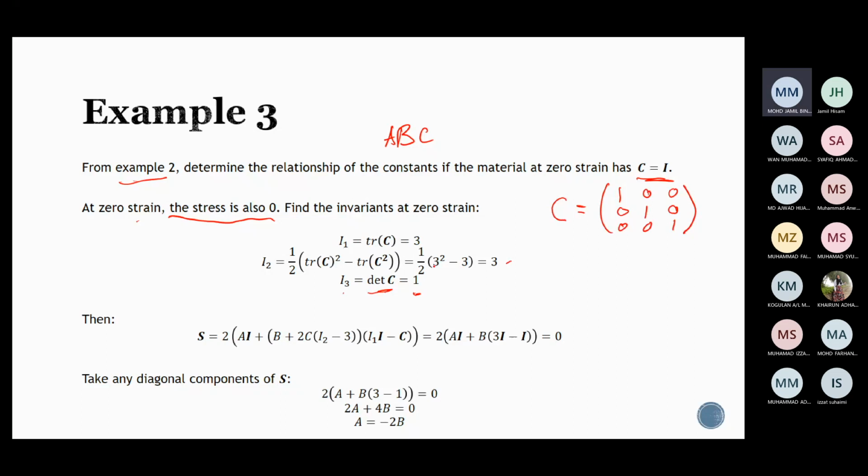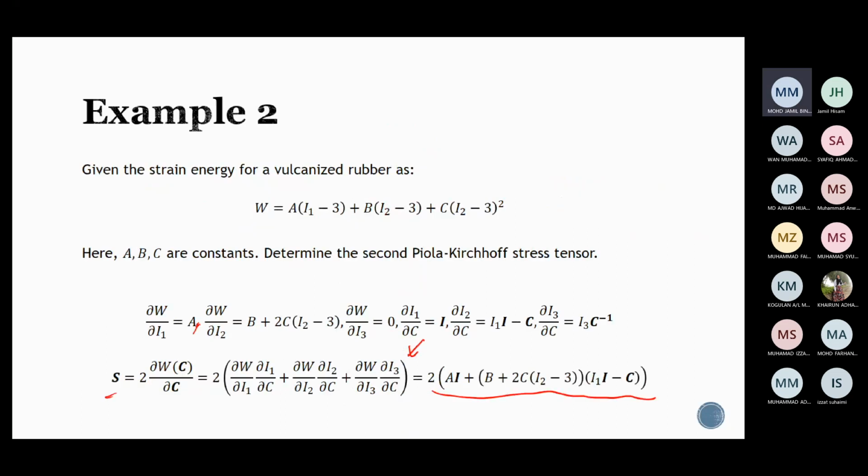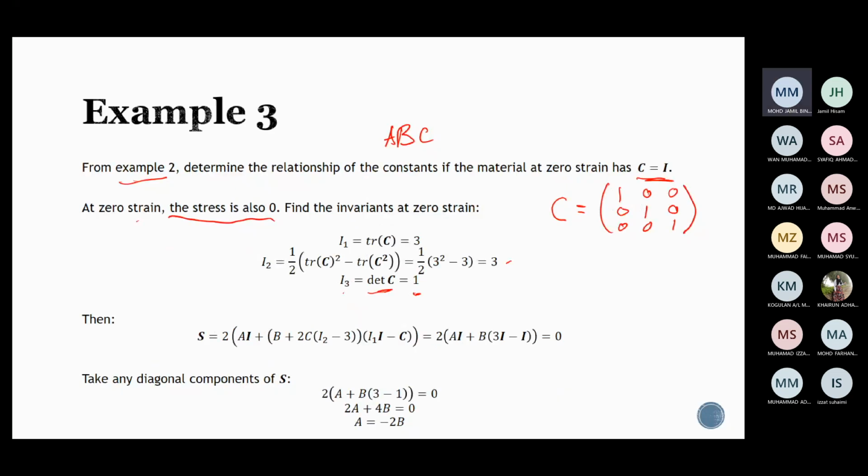And then substitute all this into the previous relationship. So substitute, then you get this relationship here. Because all of this depends on the identity matrix I, you can take any diagonal element of this calculation here. So you get 2 times A plus B times 3 minus 1.